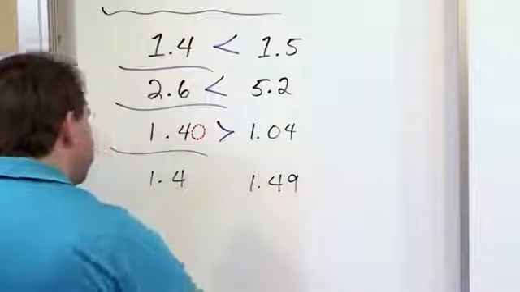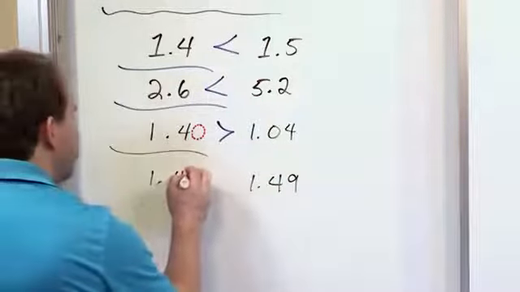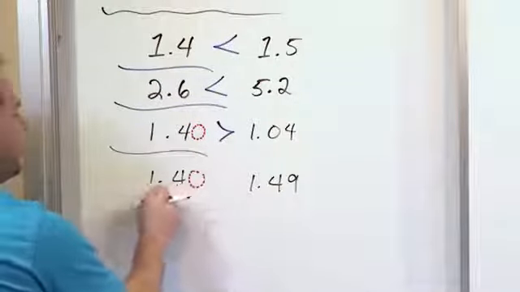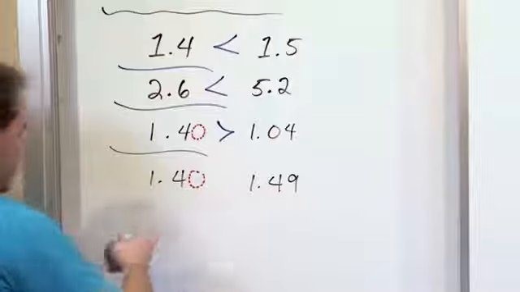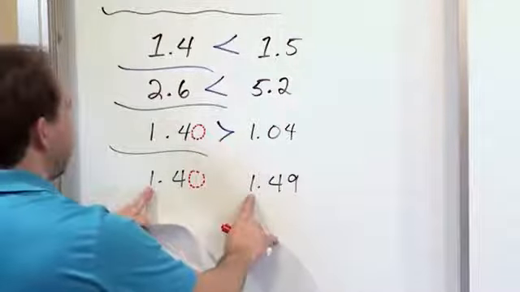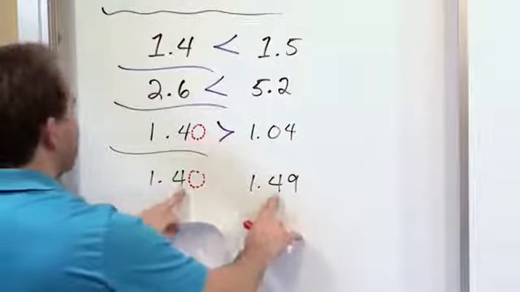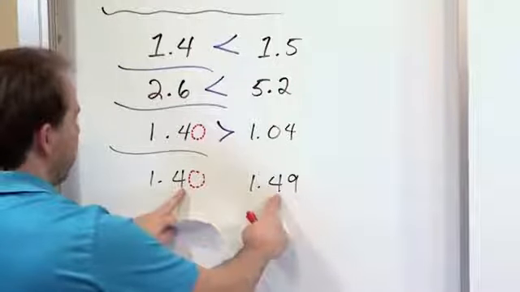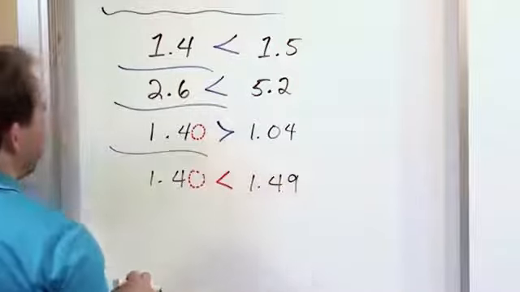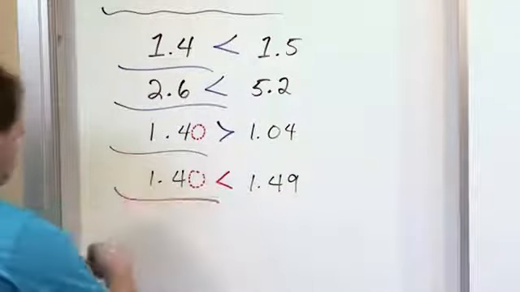Well, I'm kind of telling you that there's always an invisible 0 that you can add after decimal points. After any digits that are after a decimal, you can add zeros there without any problem. So here is the same number. You can't make a decision. Here's the same number. You can't make a decision. So far, they're equal. When you get to here, clearly this is the smaller number, 1.40. So we point to the smaller number.